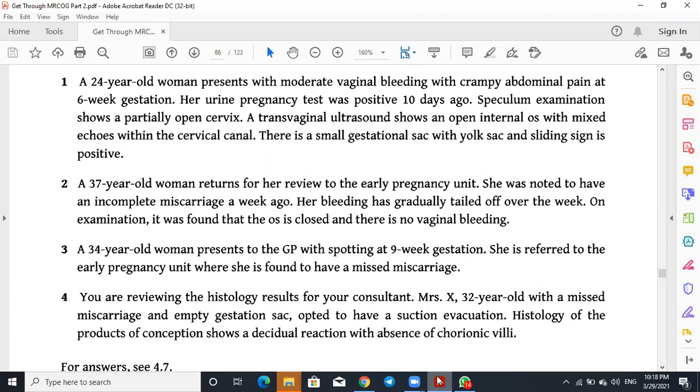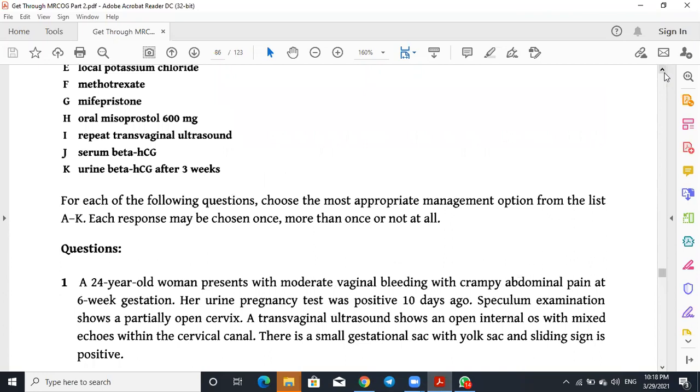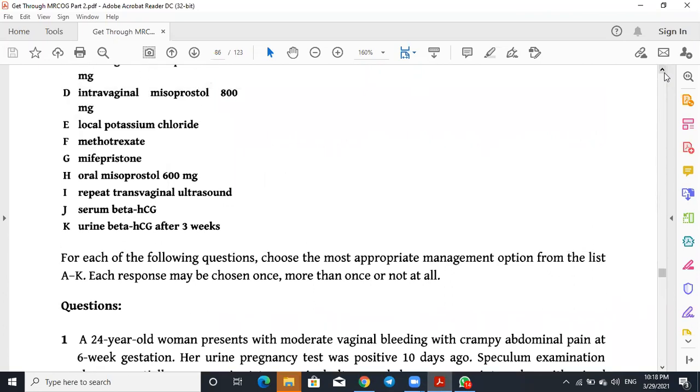So you have to look for ectopic, with serum beta HCG rather than urine, because it is more sensitive.